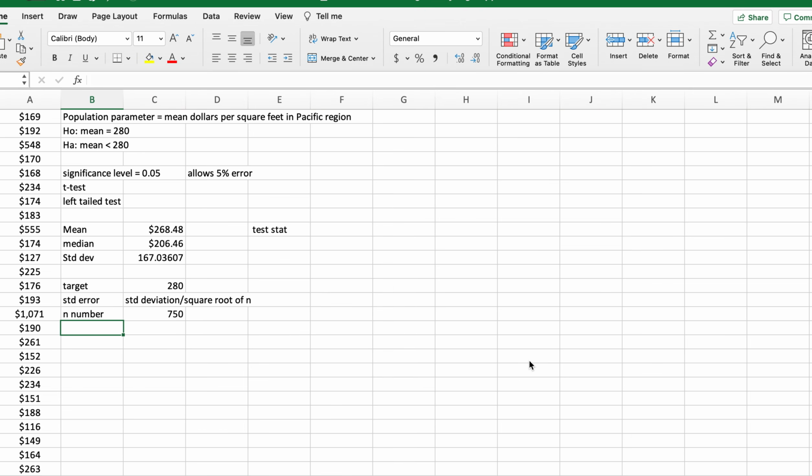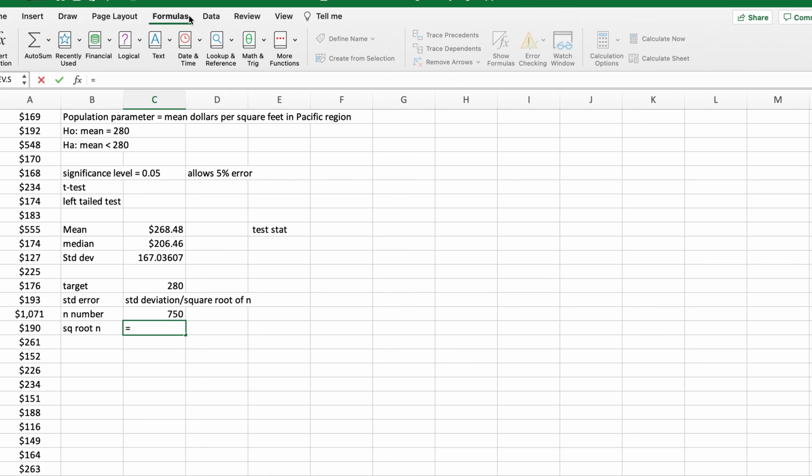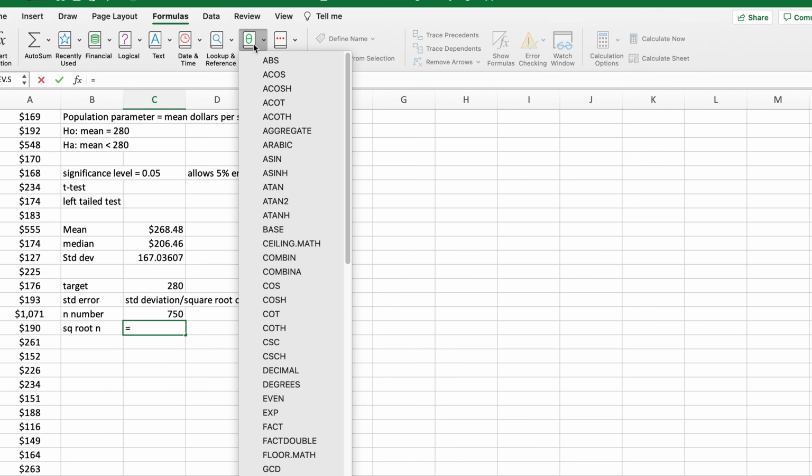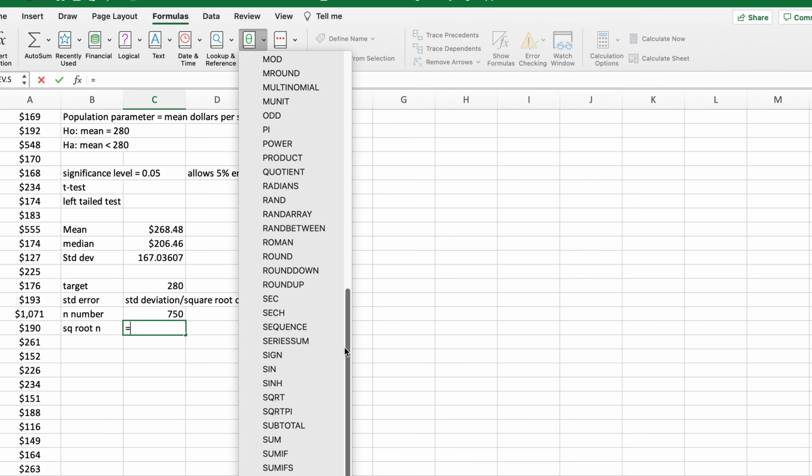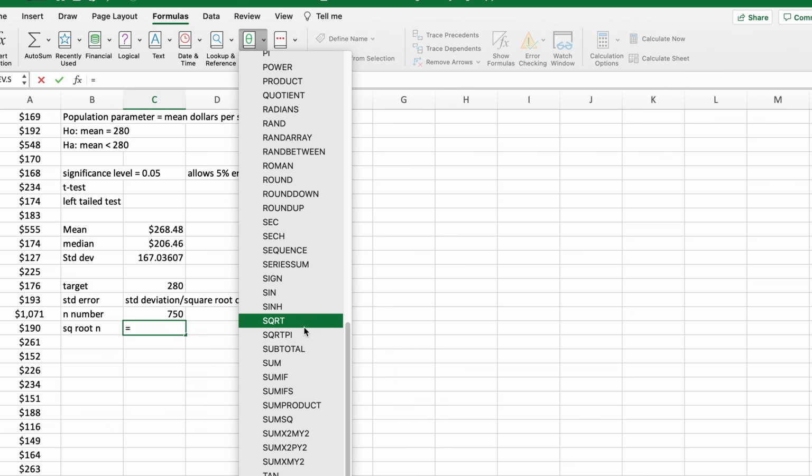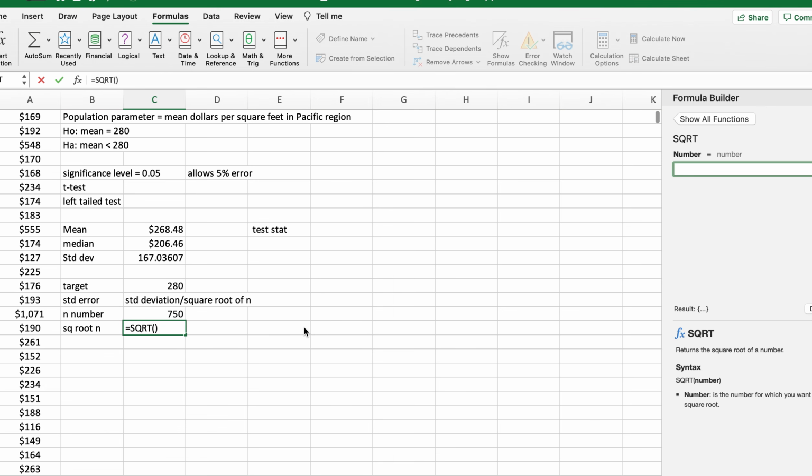We have to divide by the square root of n. How can we take the square root of n? Equals, formulas, math, SQRT. What are we taking the square root of?